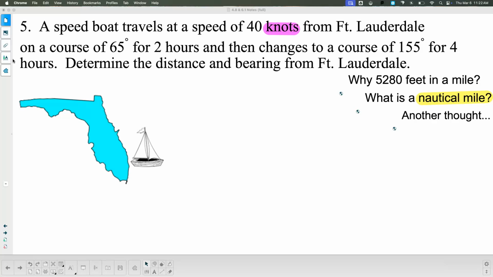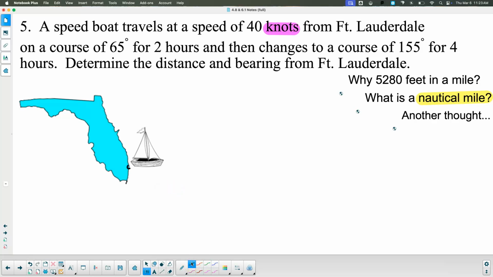And so that's what a nautical mile is. So when you hear a ship saying that it's traveling at 30 knots, it's traveling at 30 nautical miles per hour.